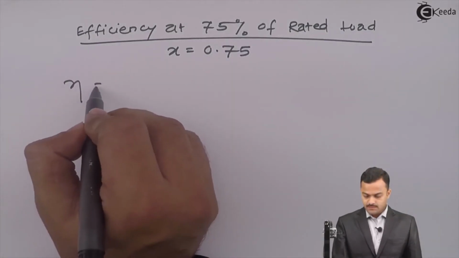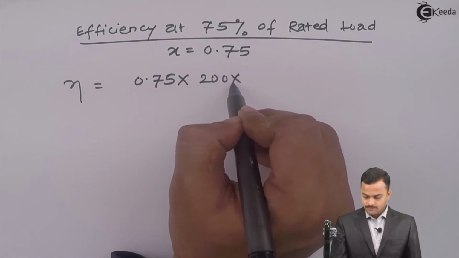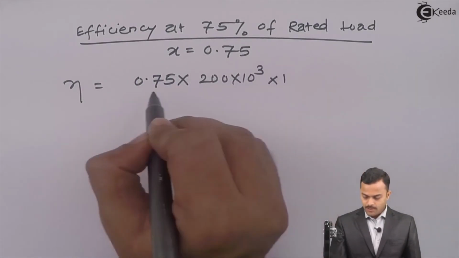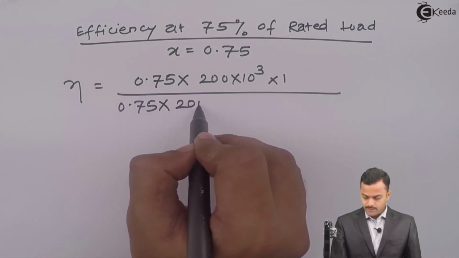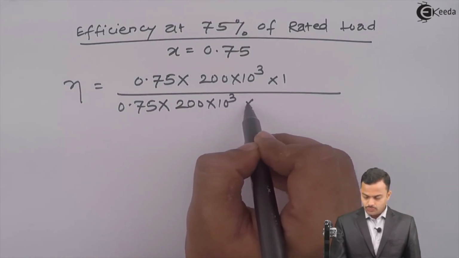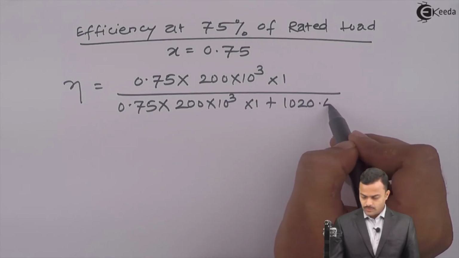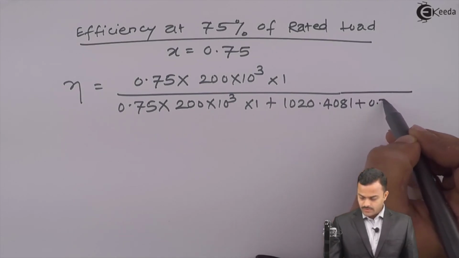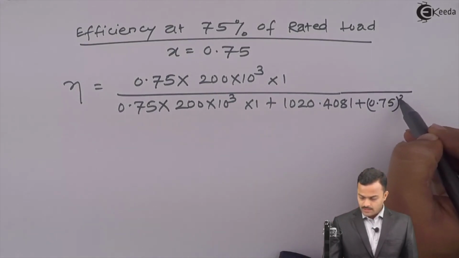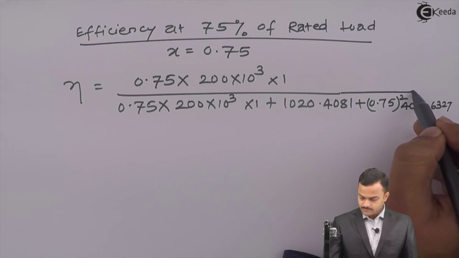So I will get efficiency: X multiplied by kVA multiplied by power factor upon X into kVA into power factor plus iron loss 1020.4081, X square is 0.75 square, and WCU FL is 4081.6327.